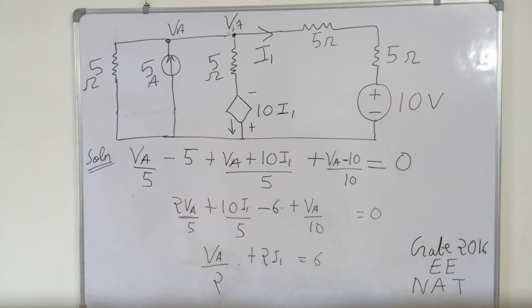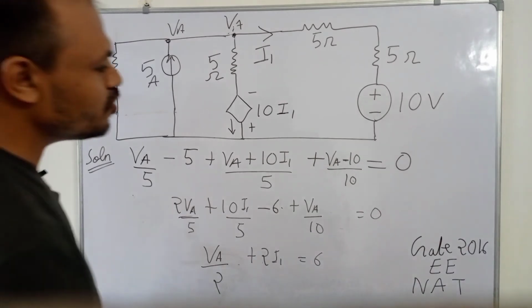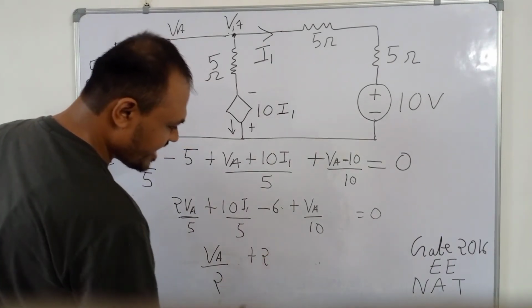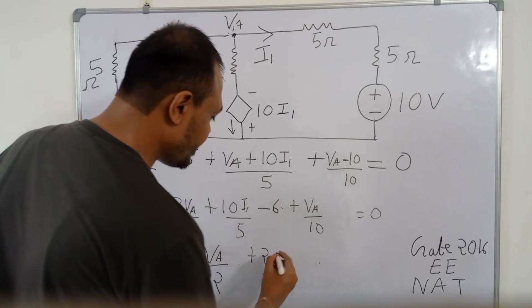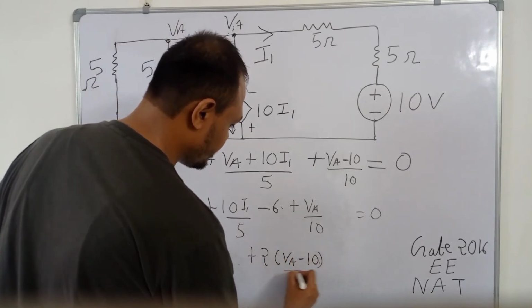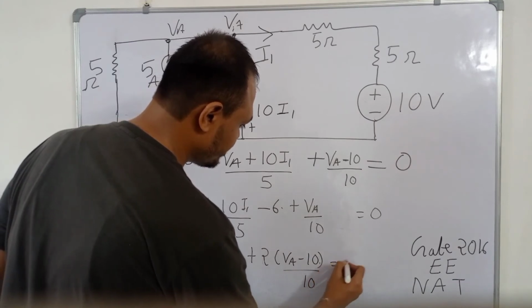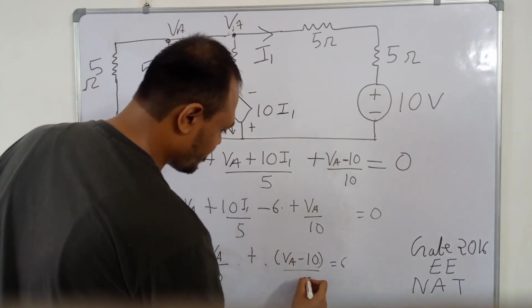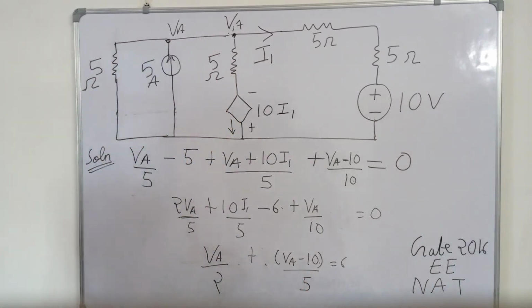Again we can substitute I1 equal to VA minus 10 upon 10. So VA upon 2 plus 2 times VA minus 10 upon 10 equal to 6, which becomes VA minus 10 upon 5 equal to 6.